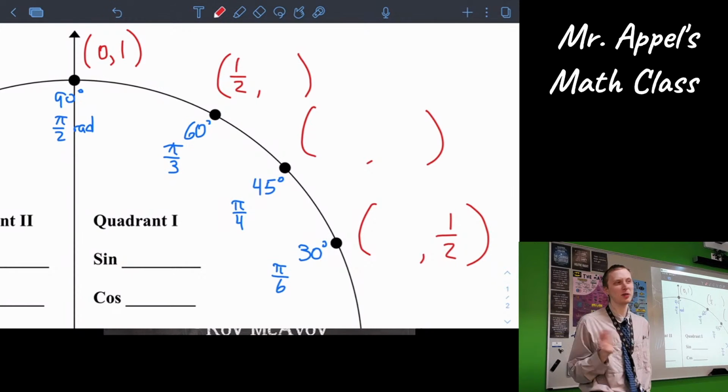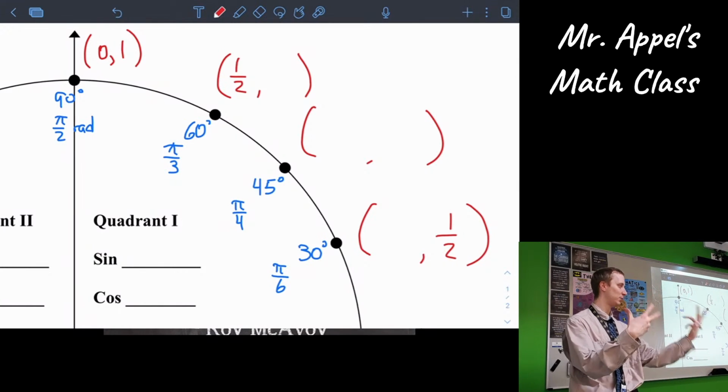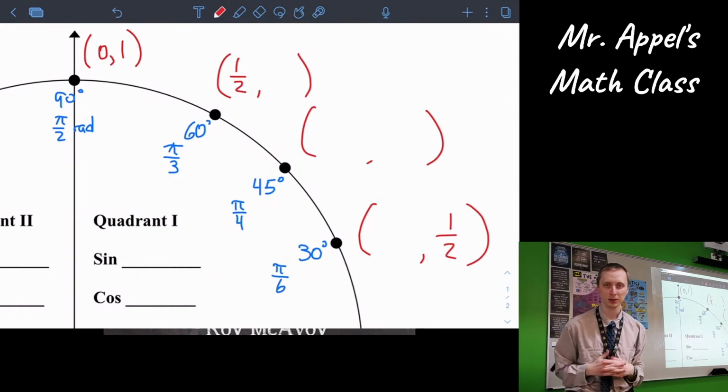But I don't remember that fact like that. I remember sine of 30 is a half, and I work out that cosine of 60 must be too, because the complement of a complement is back to the same number. Okay?